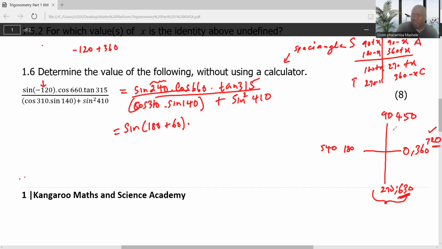This is 720 above, this is 720 below. So it means this will be cos of 720 minus 60. 720 minus 60 is 660. So it's one and the same thing. Even if you say 660 plus 30, it will still be in the fourth quadrant.